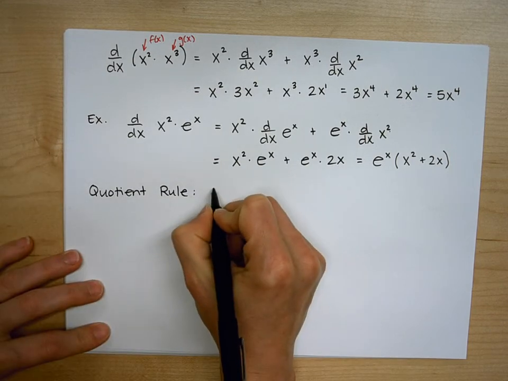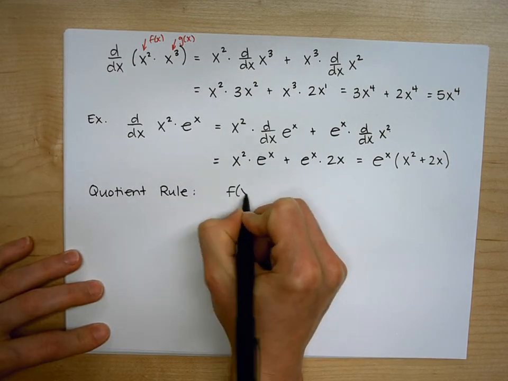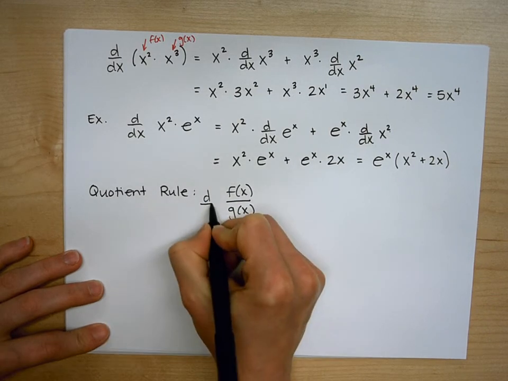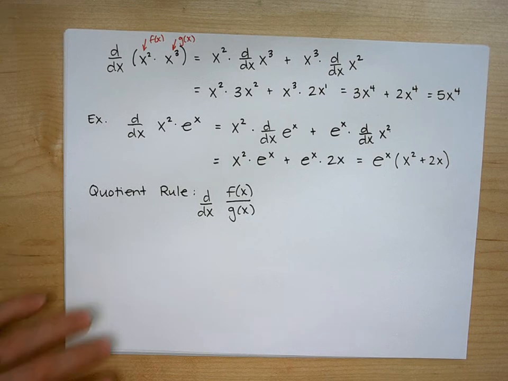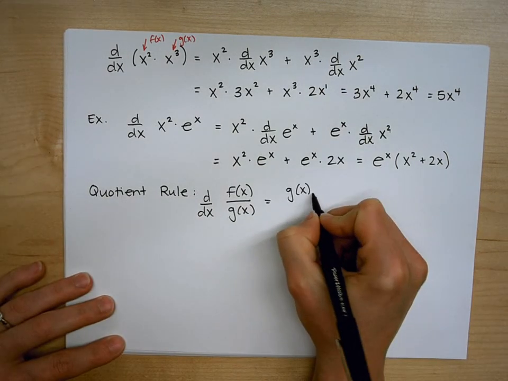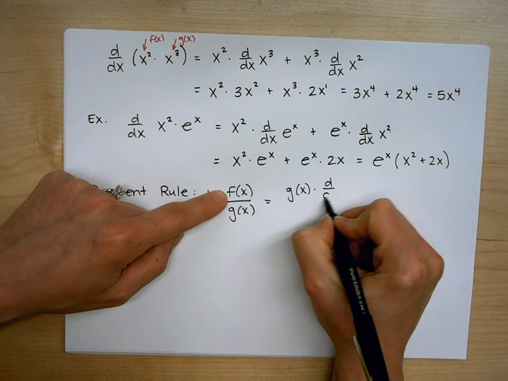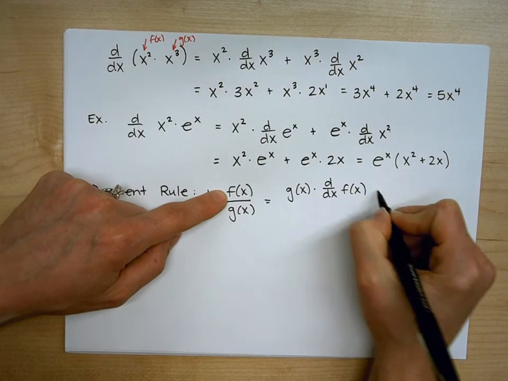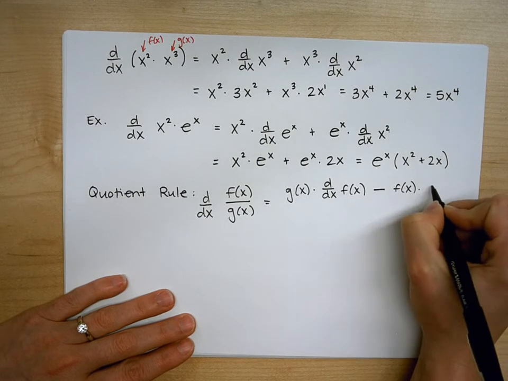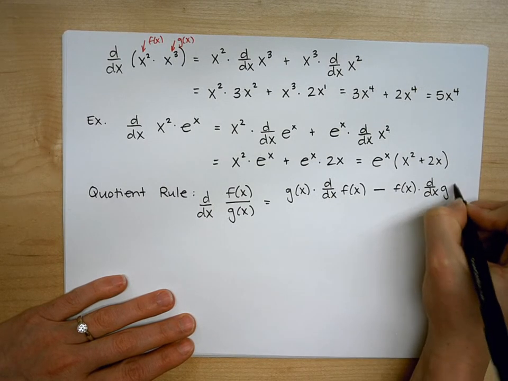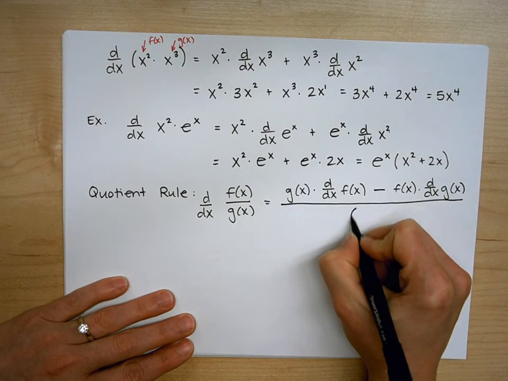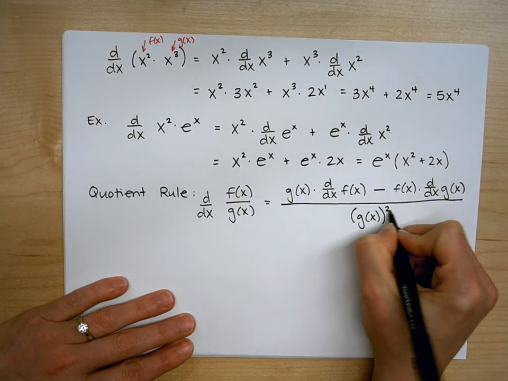So let's start out with, if I have the quotient or division of two functions, and I want to look at the derivative of that, here's the rule. We take g of x times the derivative of f of x minus f of x times the derivative of g of x, all divided by g of x squared.